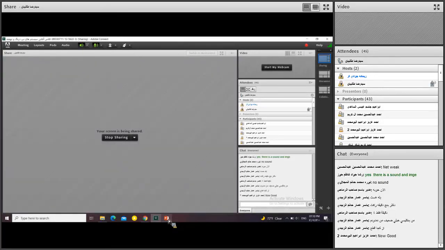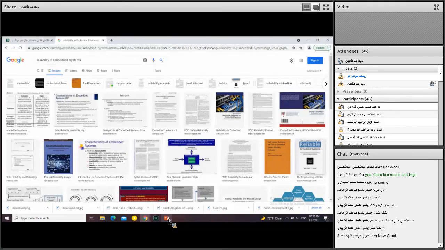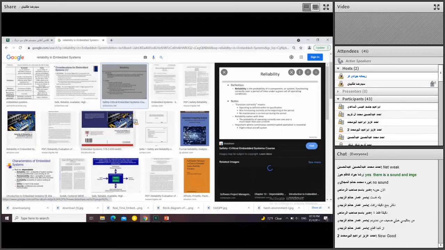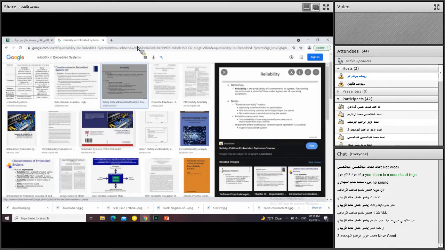Definition of reliability, we can see the definition of reliability here, for example, like this. Reliability is the probability of a... it is not good, let me write another thing.